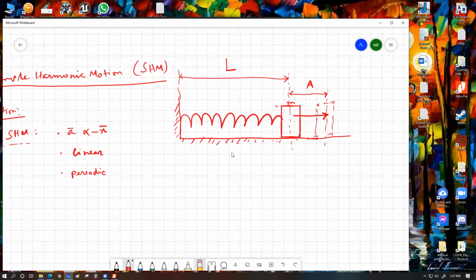As the object travels from the right towards the left because of the pull of the spring, up to this much movement, we're going to have EP converting to K. Up to this much distance, EP will be converted to K.